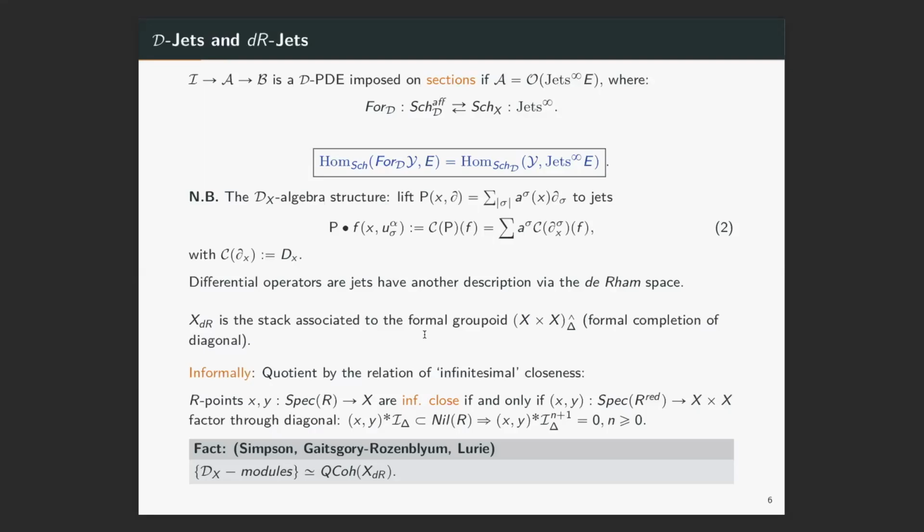So what's important about this fact? This fact transcends the setting that we're talking about now. For instance, X here is a smooth and proper scheme, or a complex analytic manifold. It can even be a smooth differentiable C infinity manifold. And the de Rham space is more or less defined similarly in all of these settings.